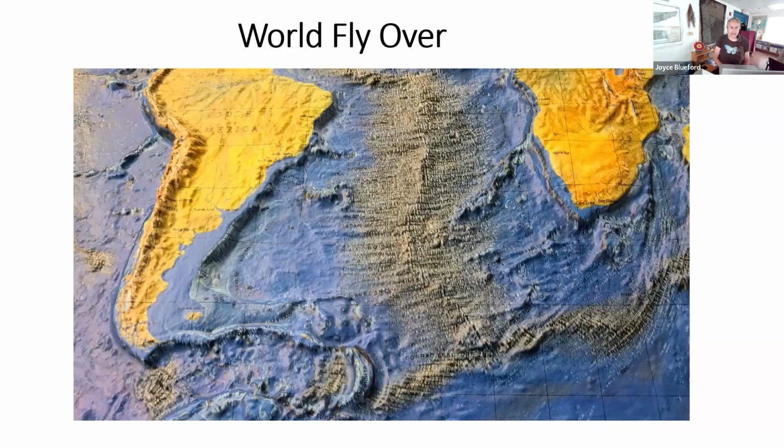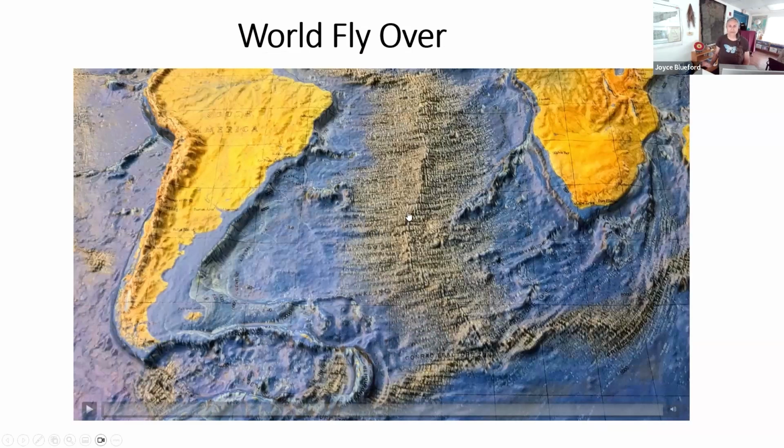Now, let's take a flyover of the Earth. This is a relief map. I want us to look at the Earth, the lithosphere, without the hydrosphere. And as we notice here, this is just to give you reference. This is South America, and this is the tip of Africa, like Cape Horn here.